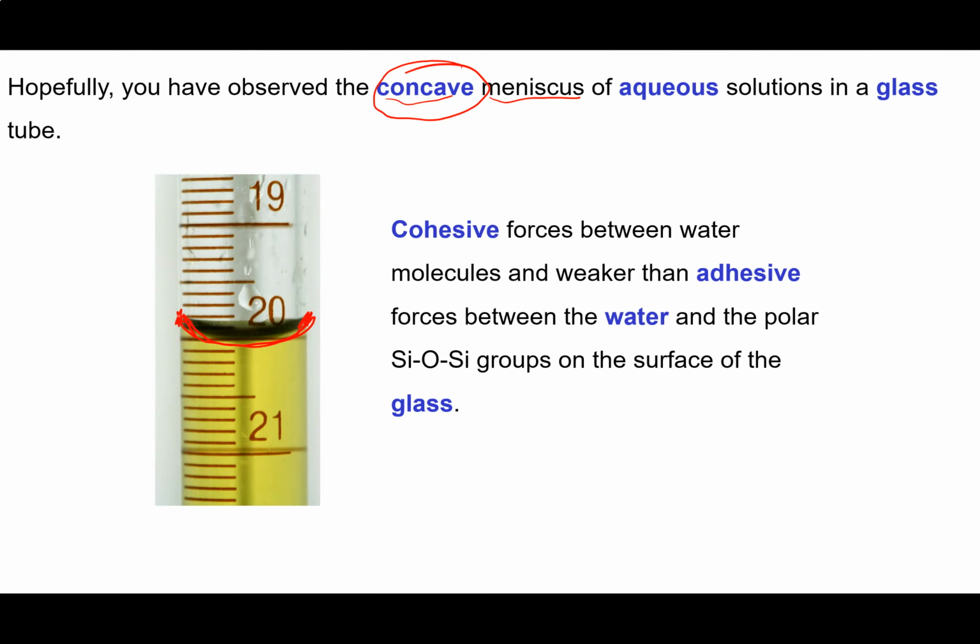To explain this, we're going to talk about what we call cohesive and adhesive forces. Cohesive forces are those that exist between the particles of the liquid, and adhesive forces are those that exist between the particles of the liquid and its container.